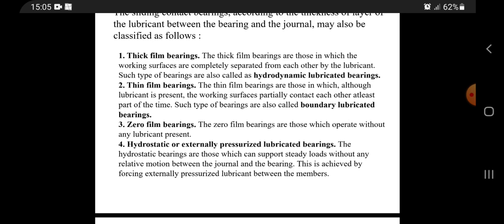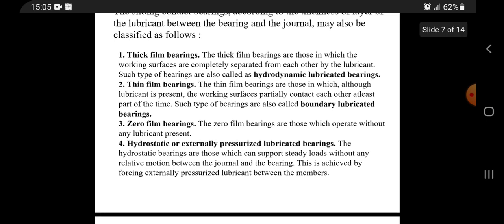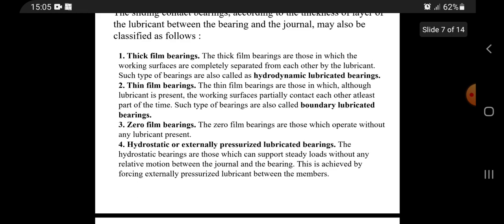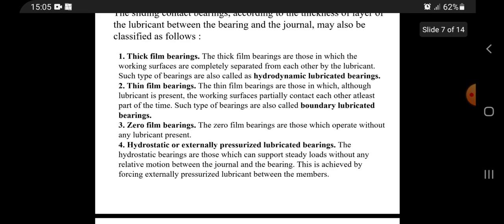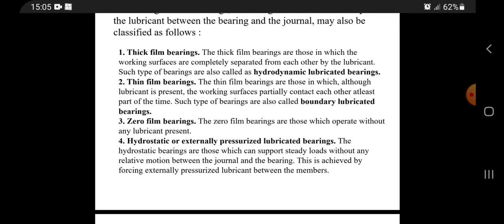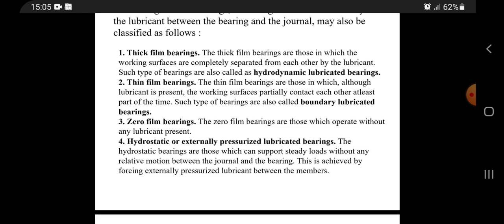Such types of bearing are also called boundary lubricated bearings. Zero film bearings are those which operate without any lubrication present. Hydrostatic or externally pressurized lubricated bearings are those which can support a steady load without any relative motion between the journal and bearing.